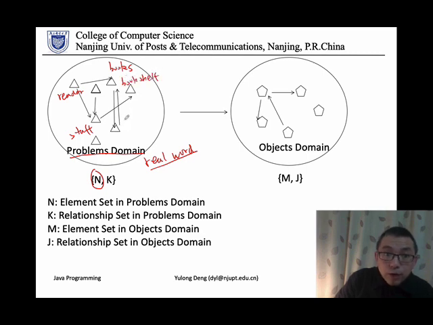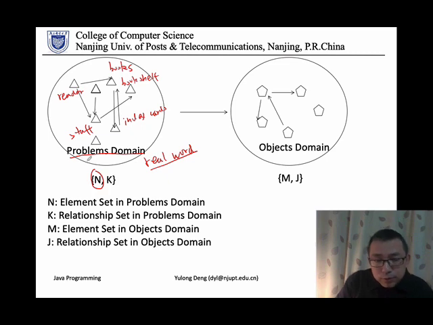And we should have the index cards for us to search for the book we want. So we have a lot of elements. We use N, a symbol, to stand for them. Here we have an element set for all these elements.